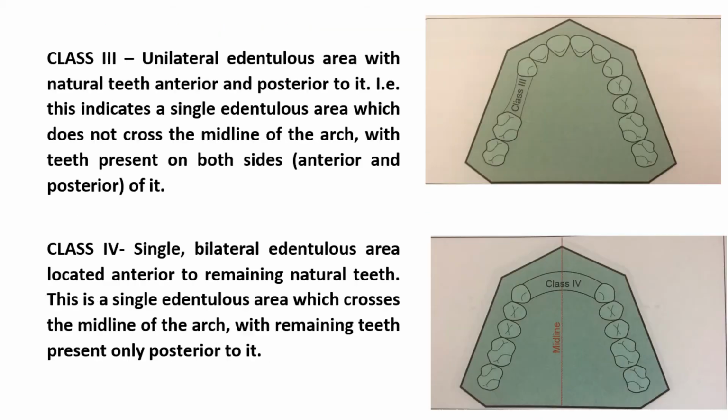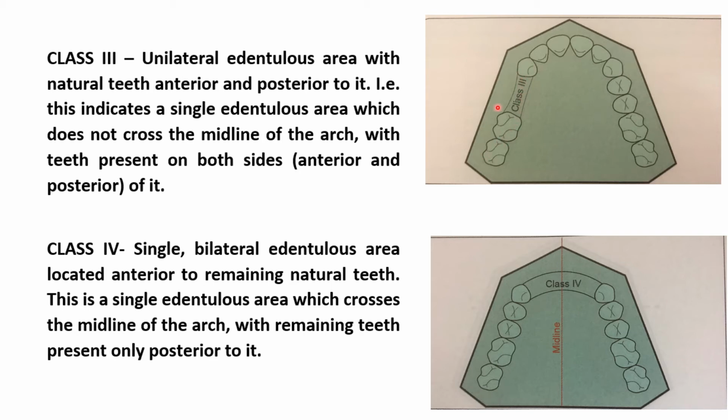Now what is class 3? Class 3 is a unilateral edentulous area, again on one side, with natural teeth anterior and posterior to it. That is, it indicates a single edentulous area which does not cross the midline of the arch, with teeth present on both sides. So in class 3 you have remaining natural teeth anteriorly and posteriorly.